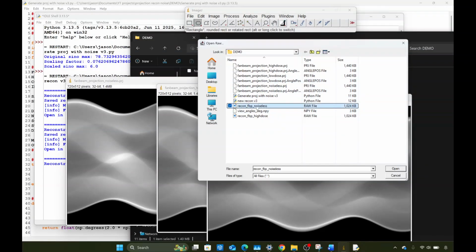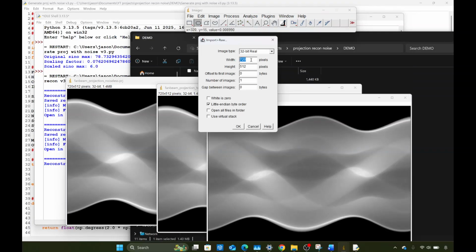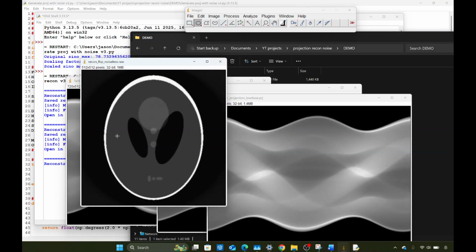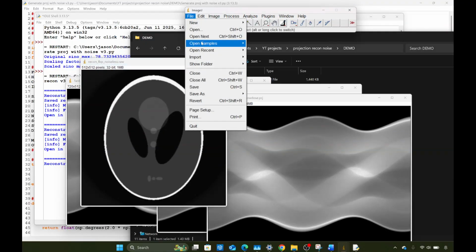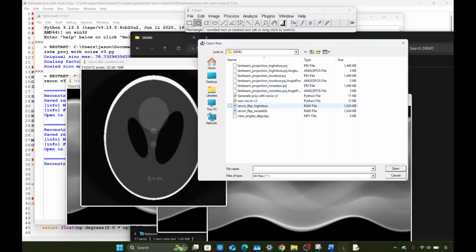Let's look at the noiseless reconstruction. All images are reconstructed with a 512 by 512 matrix. So this is our noiseless data. Let's also look at the high dose.